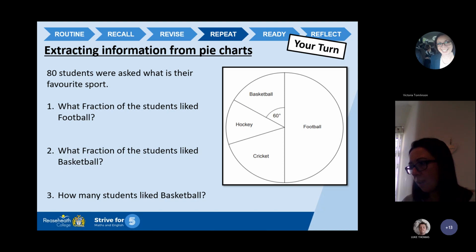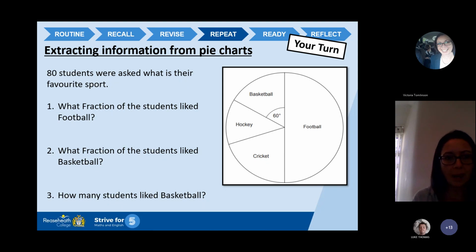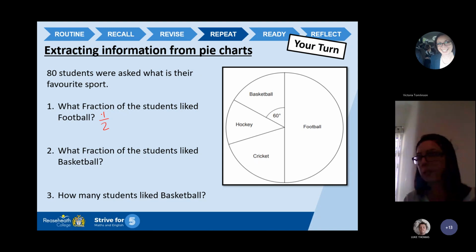Just take care, Brad, you've worked out how many students accurately, but be careful when you're reading the question. It is 40 because it's half. The fraction is half, so you've done one more than you needed to. Just make sure that you answer the question carefully. But you obviously knew that that's a half, so that's good.